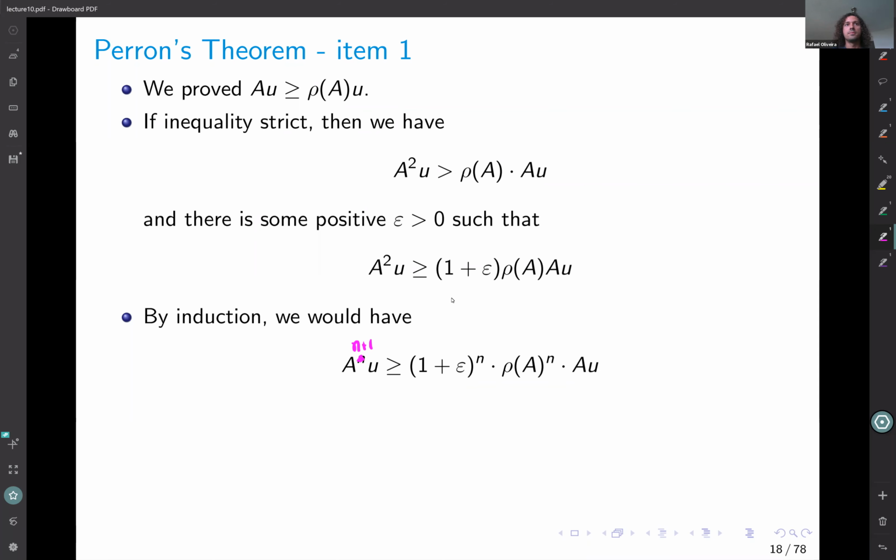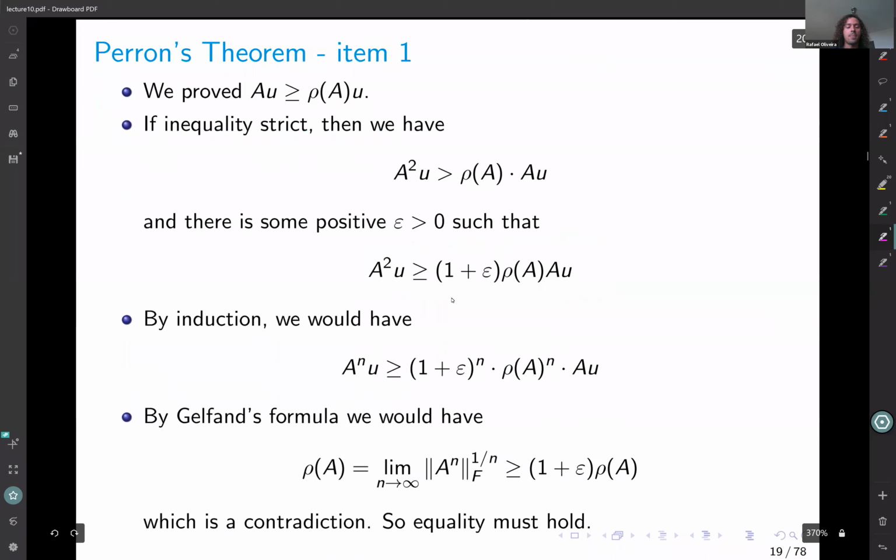Just by induction on this formula here, because every time I multiply by A, I'm picking up an extra 1 plus epsilon. All right, so we can prove this.